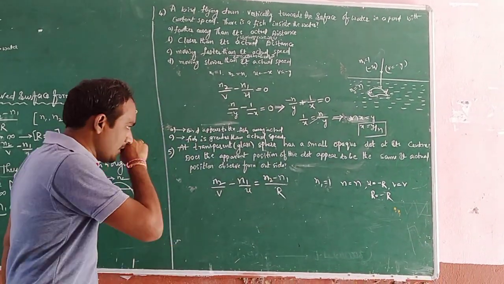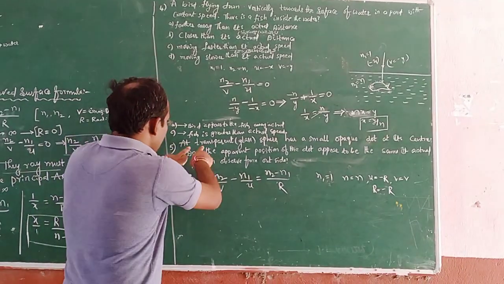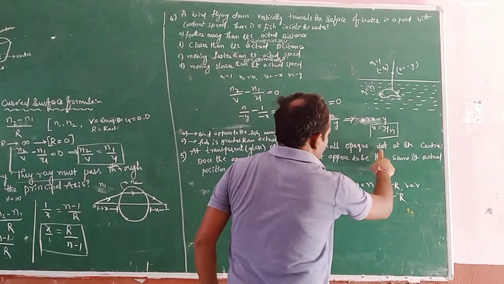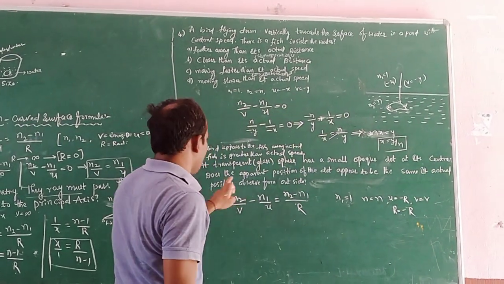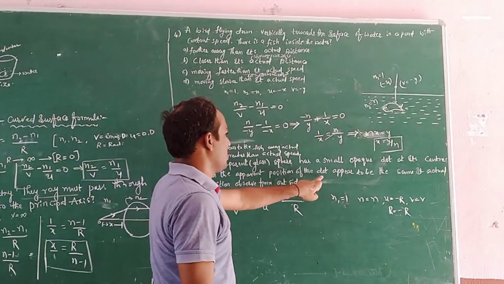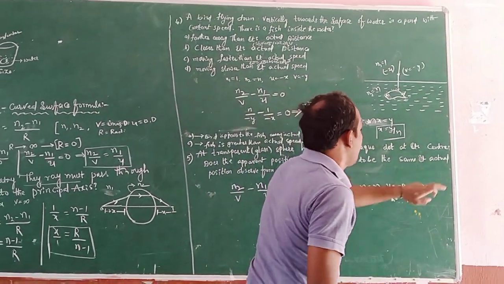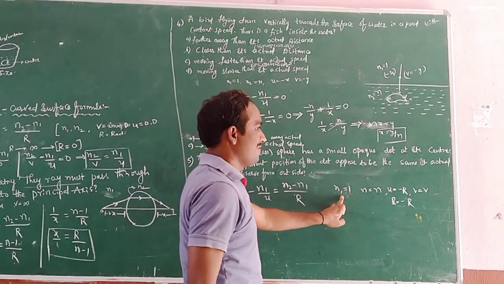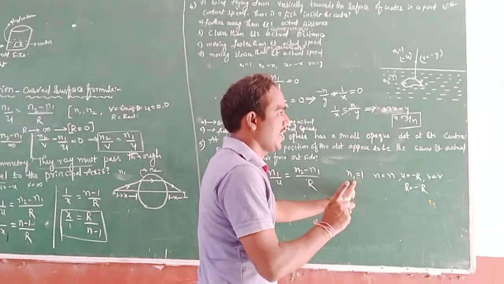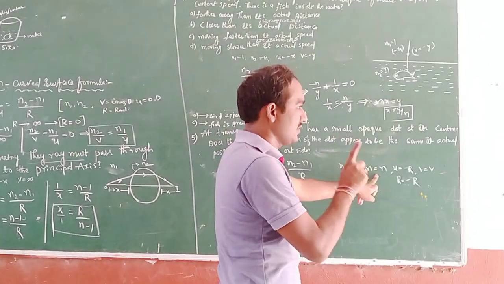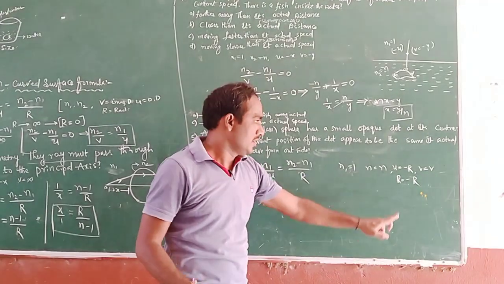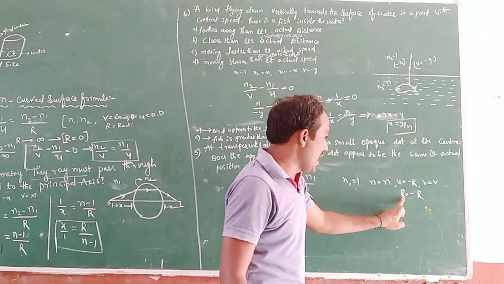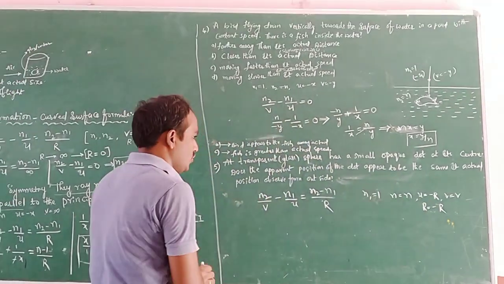So it is actually a transparent glass sphere with a small opaque dot at the center; the apparent position of the dot appears to be the same as its actual position. So n1 is equal to 1, the medium is air, n2 is equal to n, the glass sphere, u is equal to minus r distance, v is equal to v, r is equal to minus r distance. Then we are substituting here.